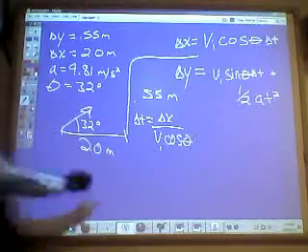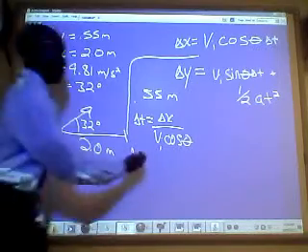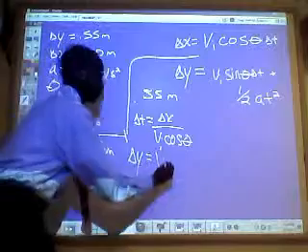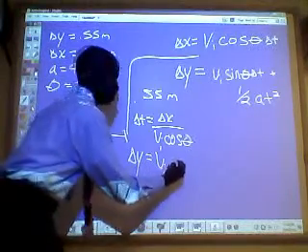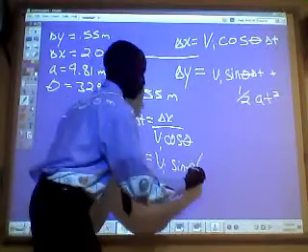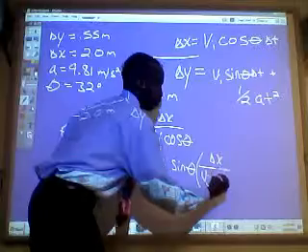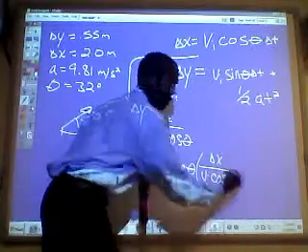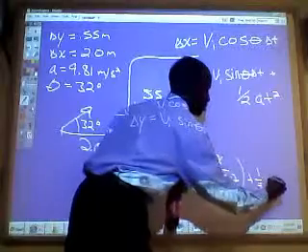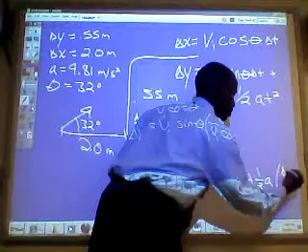Delta y equals v sub i sine theta, parentheses delta x over v sub i cosine theta, parentheses, plus 1/2 a, parentheses delta x over v sub i cosine theta, squared.